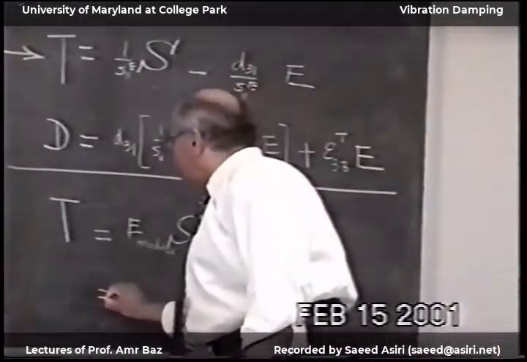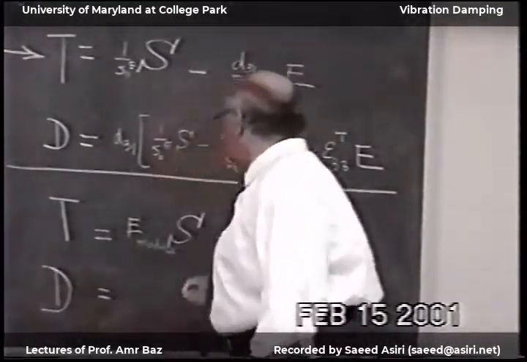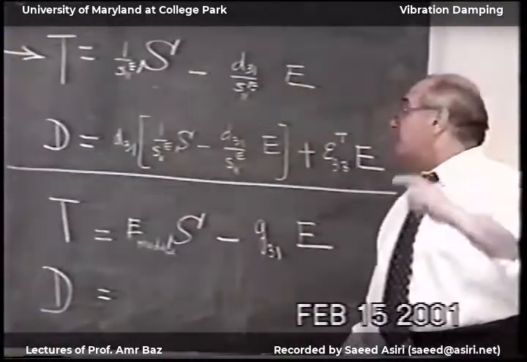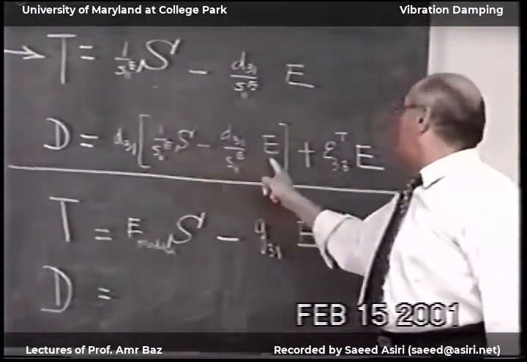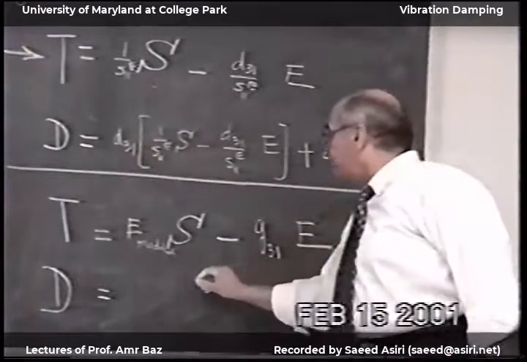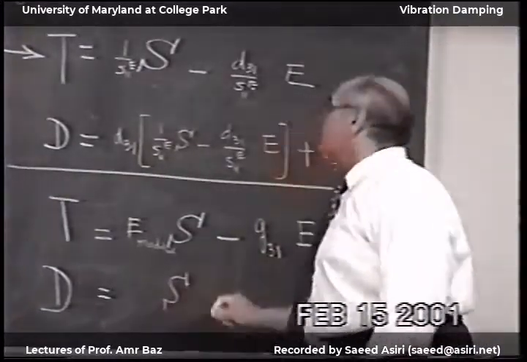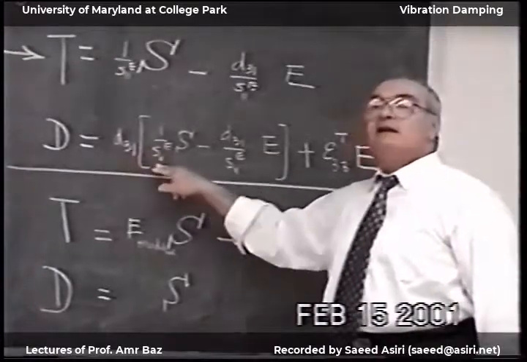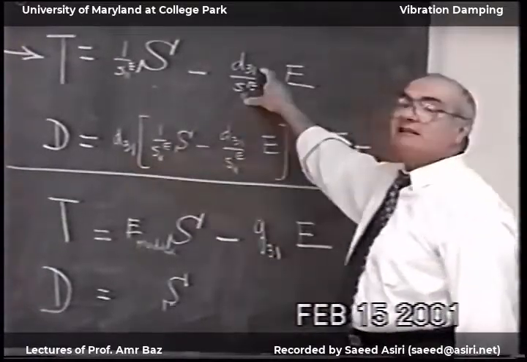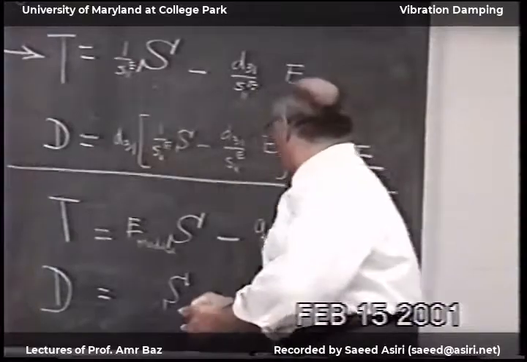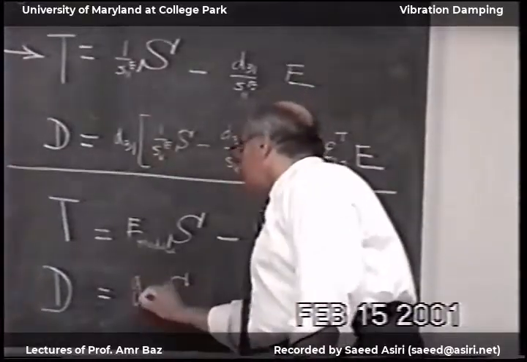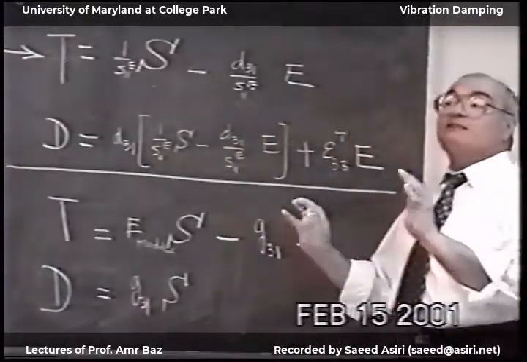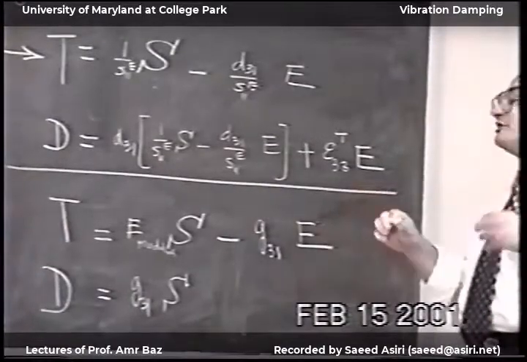Then here we have D. And if you look, we have only S and E. So I have S here, and the term that multiplies S is D31 over this, which is exactly this term. So this would be G31. So I'm preserving the symmetry or the reciprocity.